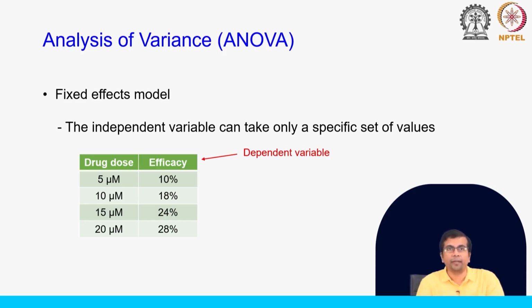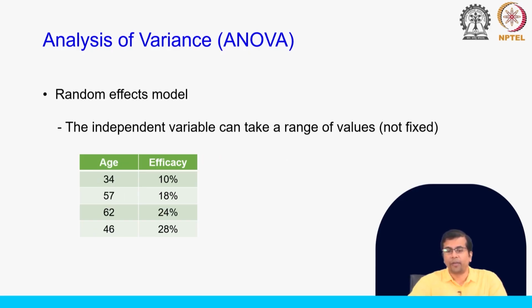On the other hand, in random effects model, the independent variable can take a range of values, and these are not fixed. So, for example, we are testing the efficacy of this drug in a population of individuals, and of course, we are not fixing.